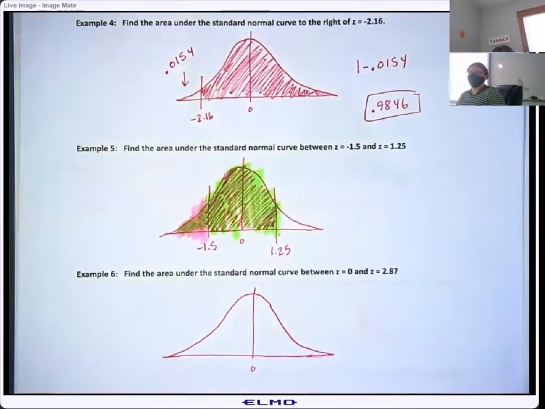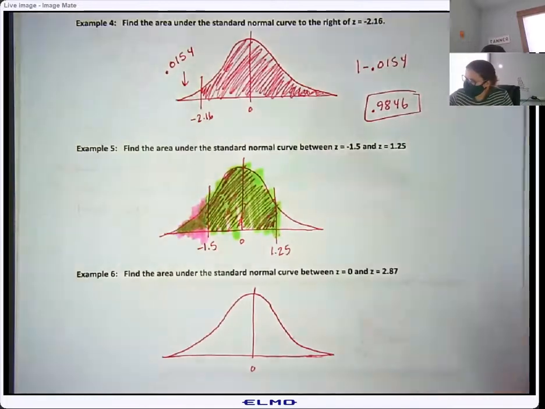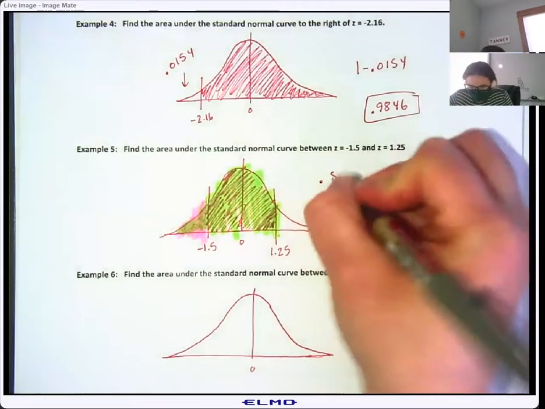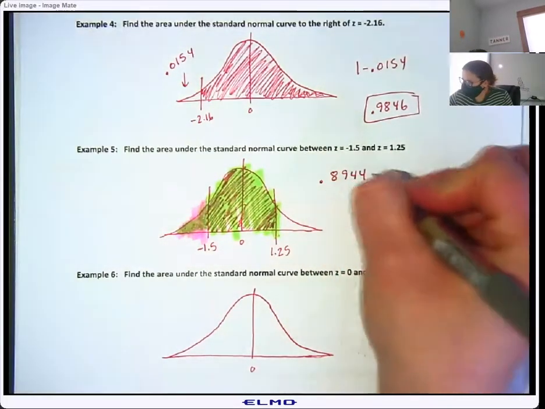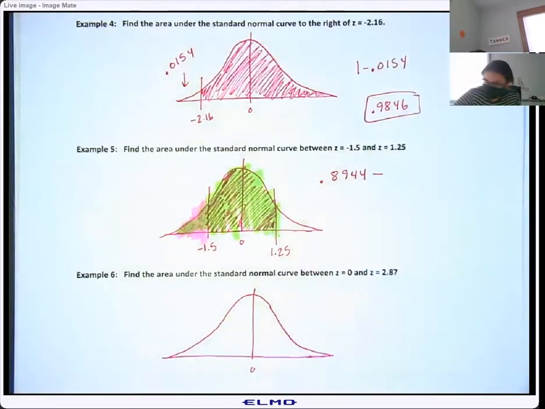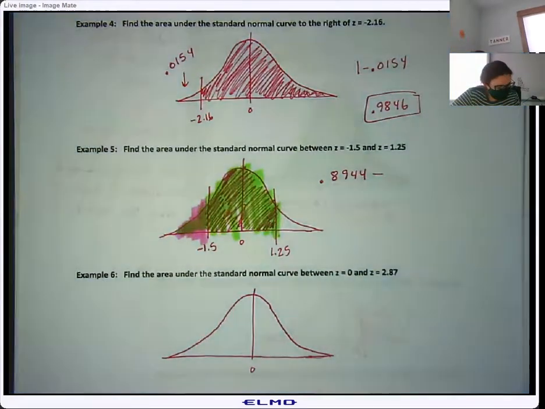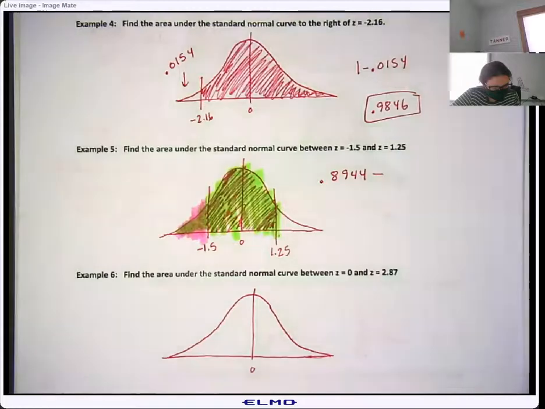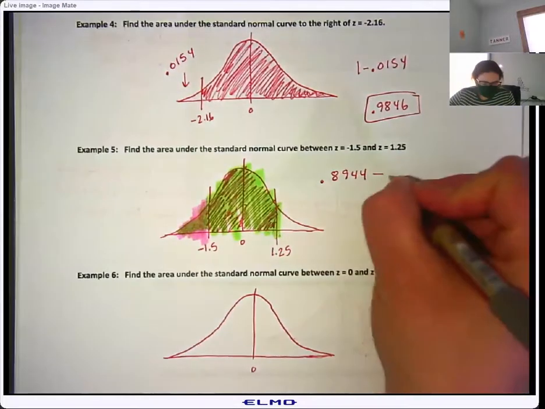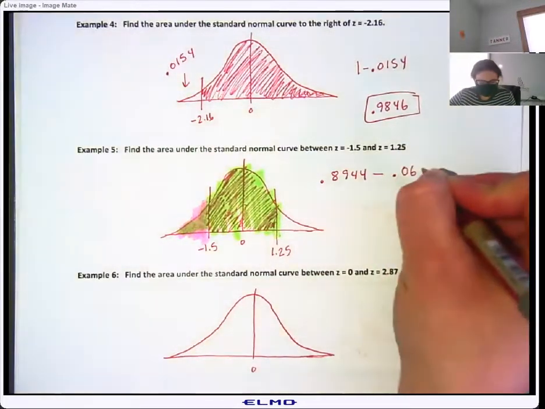Okay, so look up right now 1.25 in your chart. I got 0.8944. And we're going to subtract negative 1.5, 0.0668.